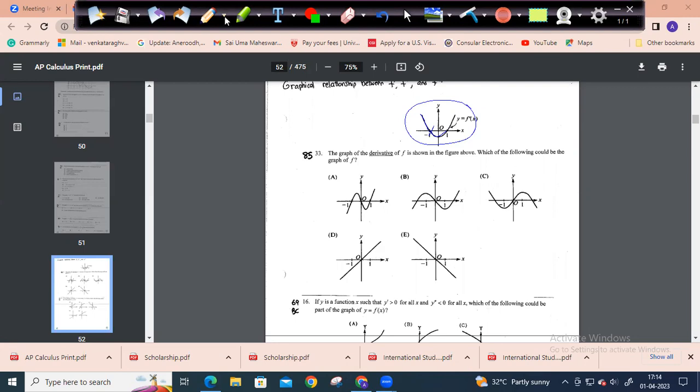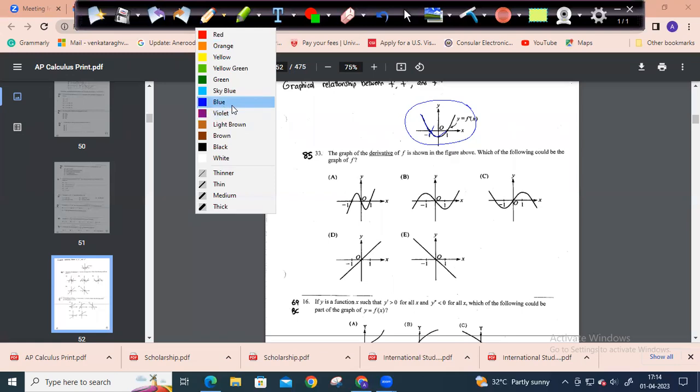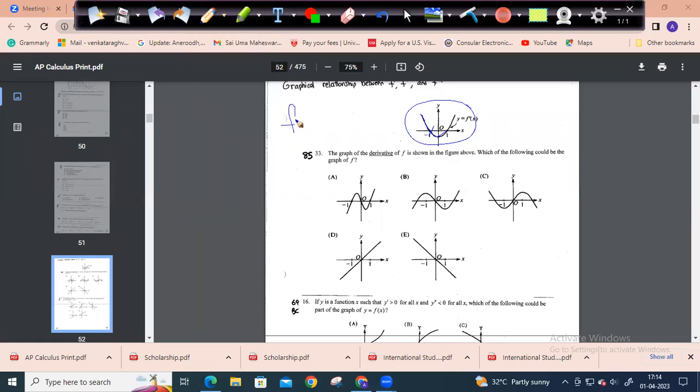So what does f dash say? f dash gives where the function is increasing. If f dash x is greater than 0, I can say the function is increasing. If f dash x is less than 0, the function is decreasing. Correct, right?